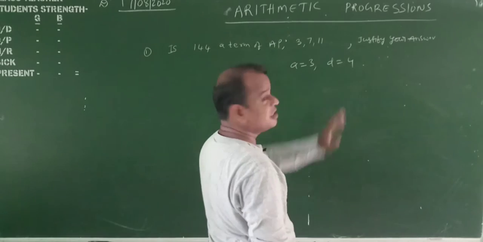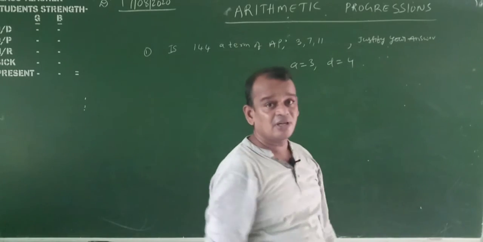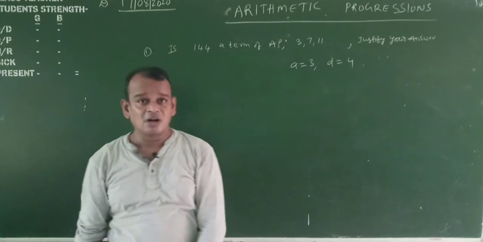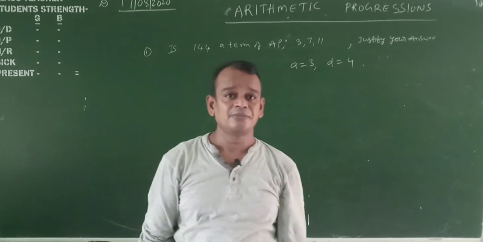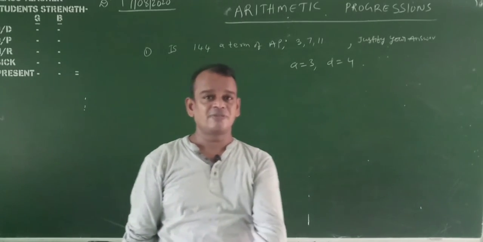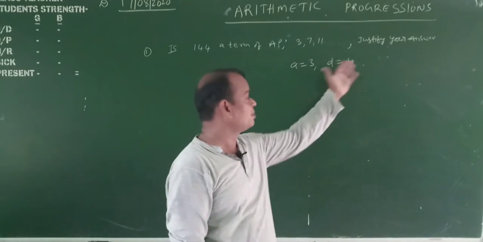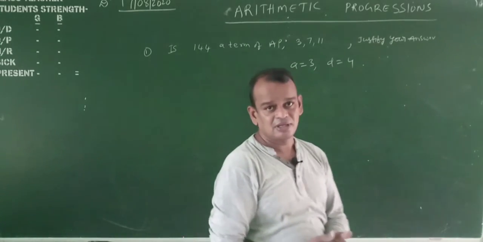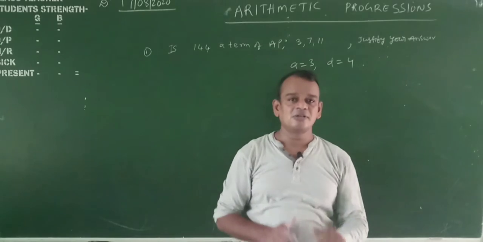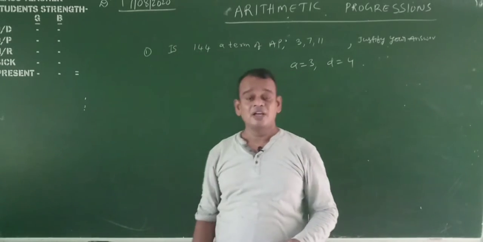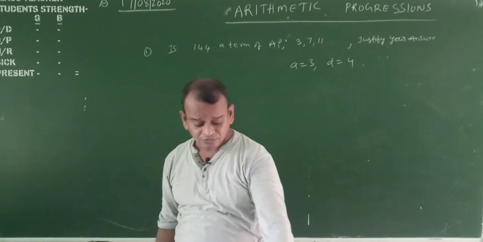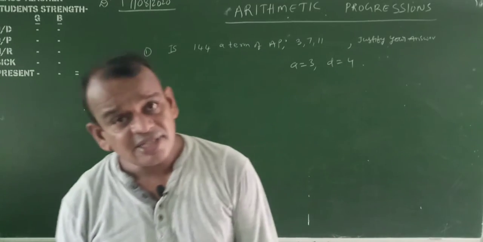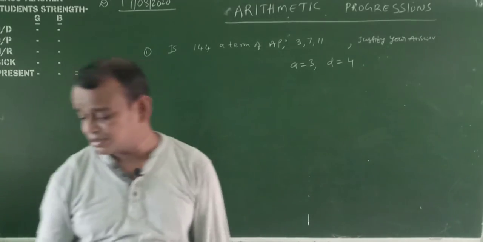The sum of A plus D, an odd number plus an even number, must and should be odd only. 3 plus 4 is 7. A plus 2D, 3 plus 8 is 11. The sum of even plus odd is equal to odd only, not even. That's why 144 is not a term in that series.